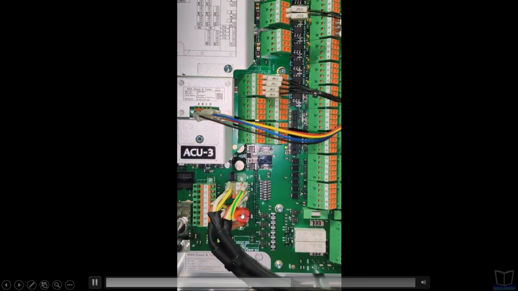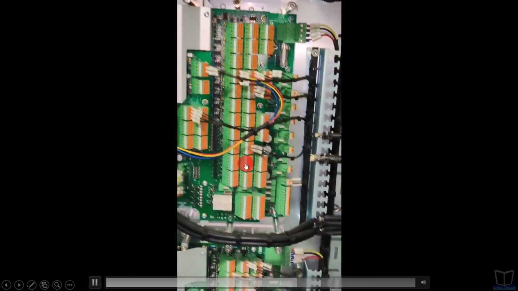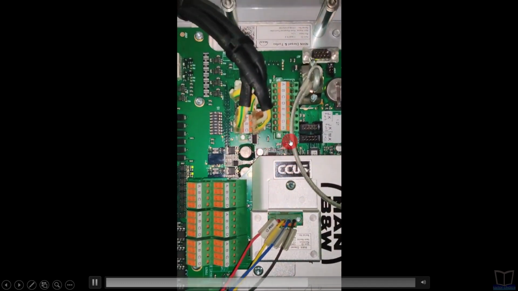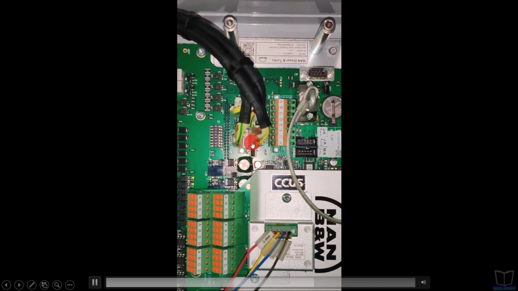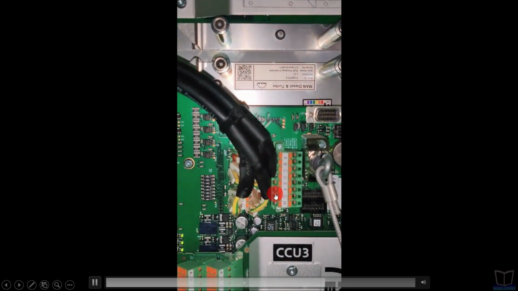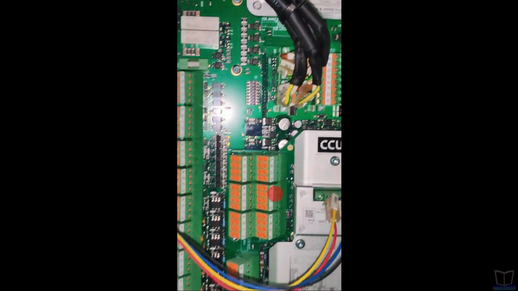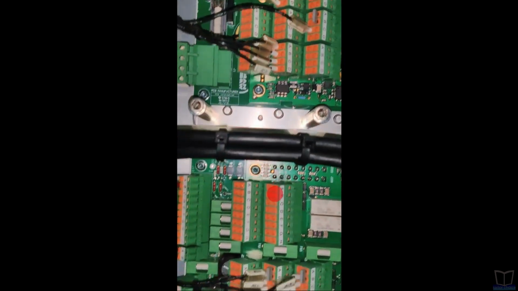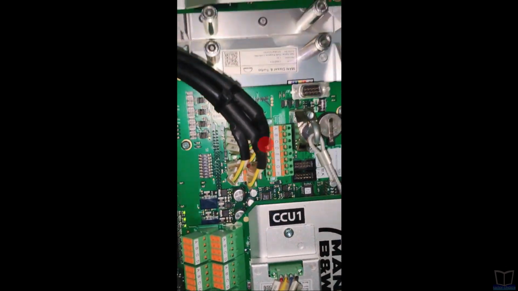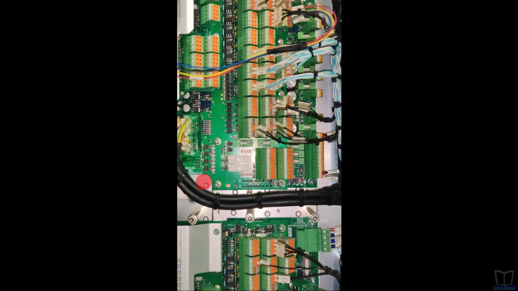SU3. And these are CCUs: CCU5, CCU3, CCU1, CCU4 and CCU6.